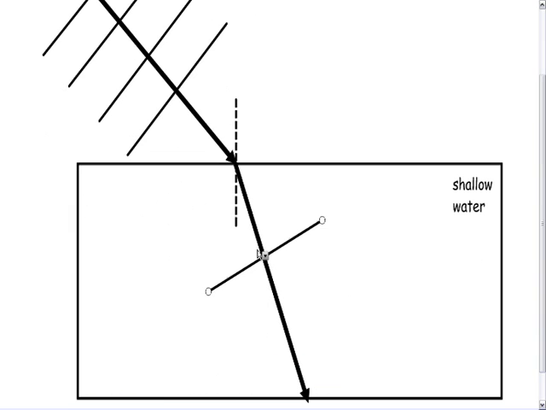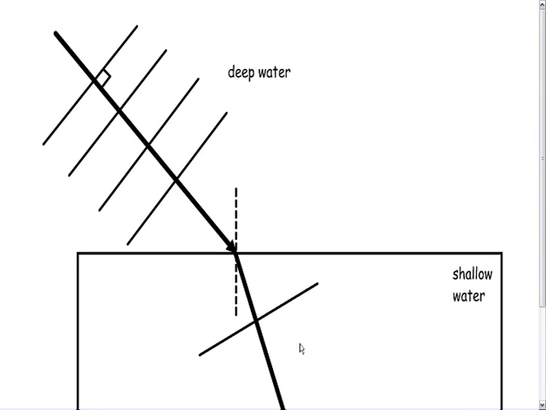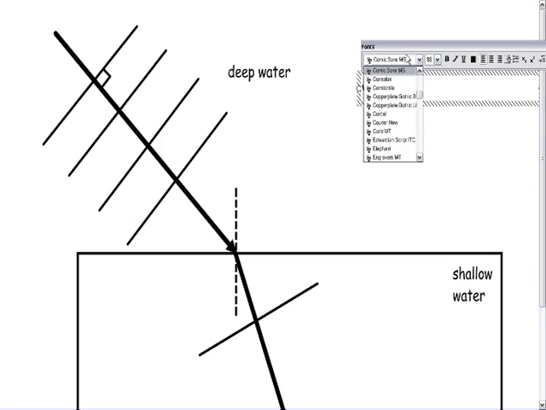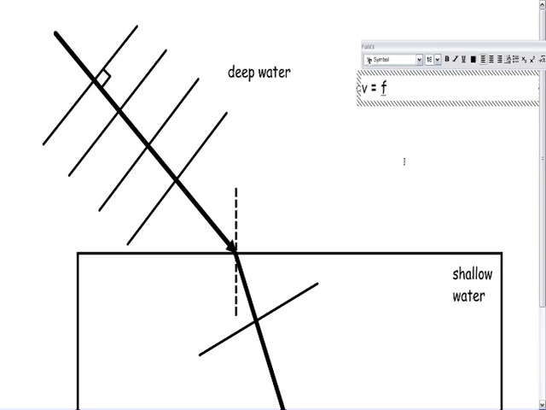Now, in here that means we have to just change our waves, because remember this has to be at right angles to our ray, so our wave is like this. Same width, but this time it's slowed down. Remember from last episode that v was equal to f lambda. Okay, that v equals f times lambda. So we said that the speed of this wave was going to go down.